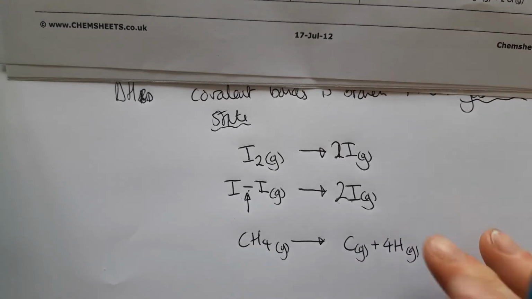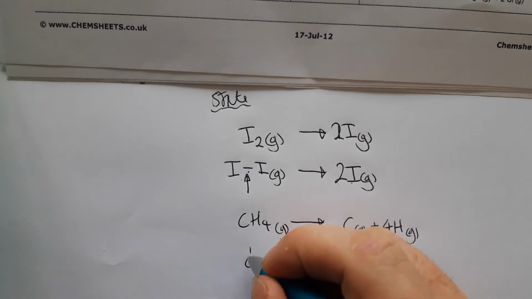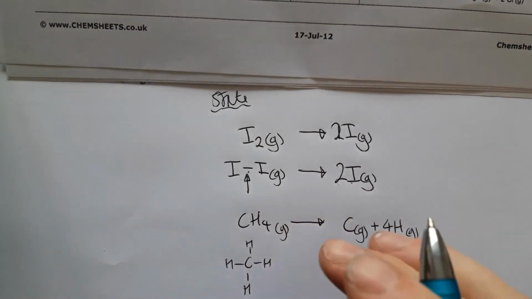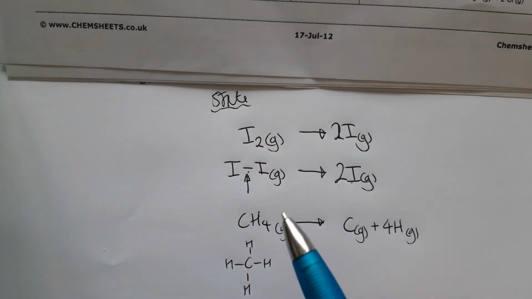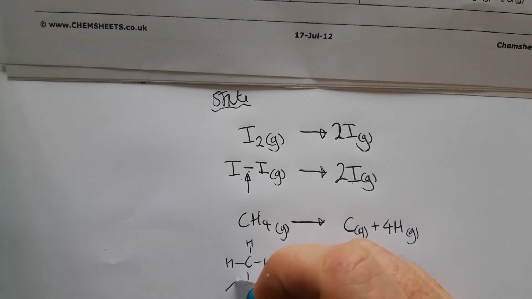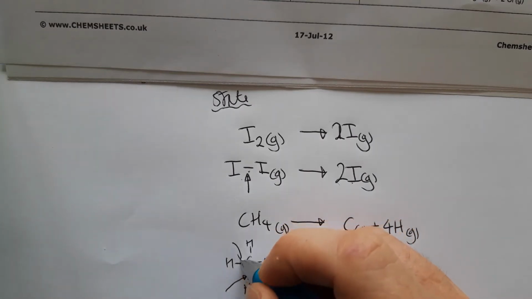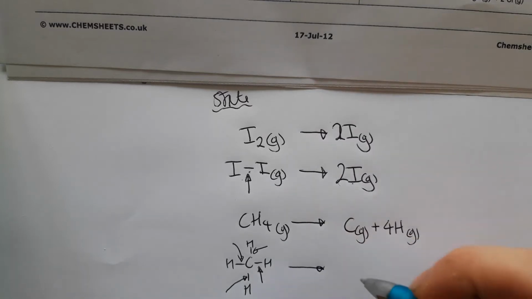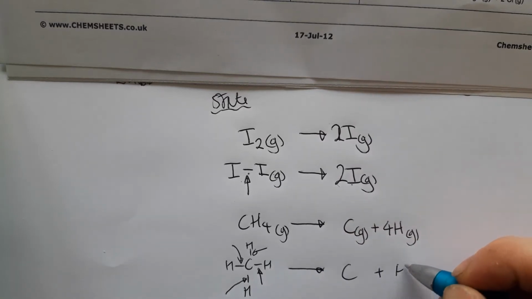What have you done here in terms of bond dissociation? Bond dissociation is the enthalpy change when 1 mole of covalent bonds are broken. So for every 1 CH4 molecule, we've broken 1, 2, 3, 4 moles of covalent bonds.